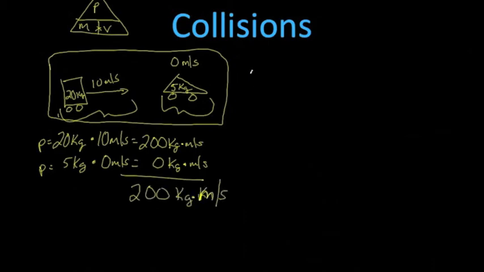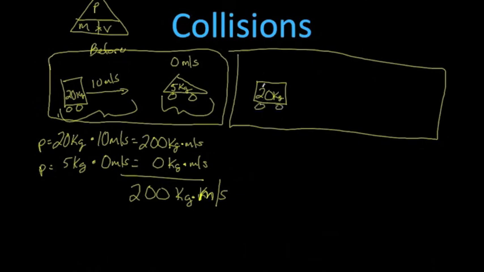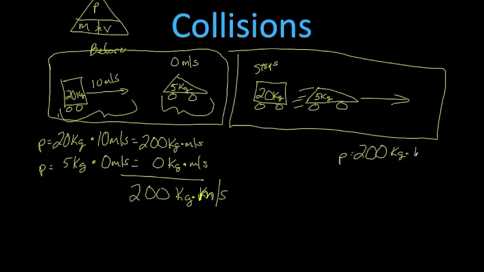So after they hit, if the square cart stops, it's going to send the triangle cart moving. So now the triangle cart is going to take off moving toward the right. We can actually calculate how fast that cart would be moving because we could say, look, before we had an overall total momentum of 200 kilograms times meters per second.